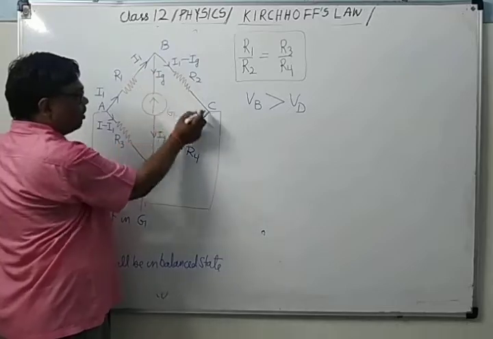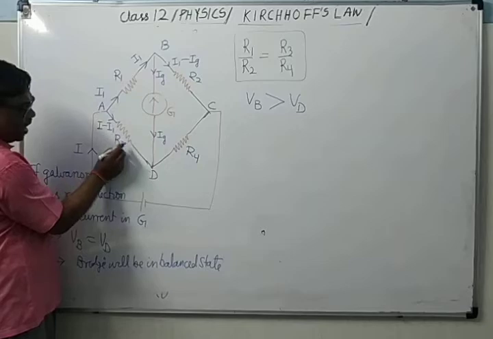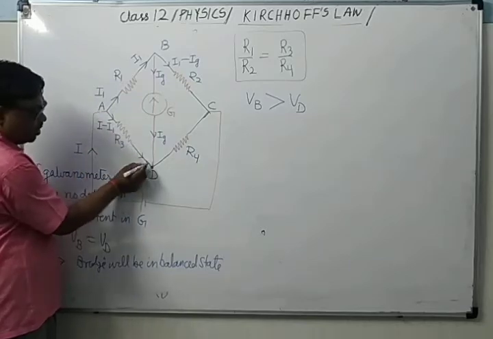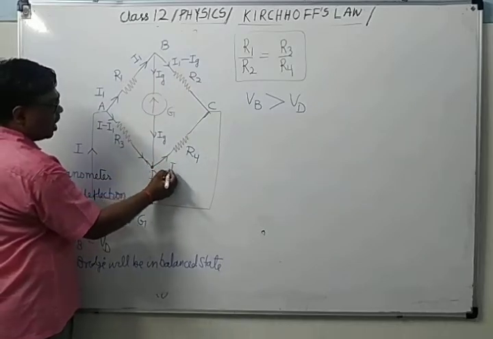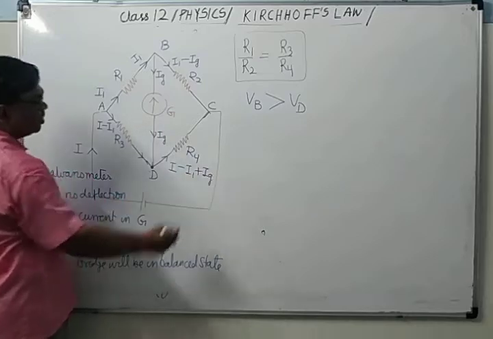Here the remaining I1 minus Ig will flow through this. Then here it is I minus I1 current. So at this point I minus I1 is coming from this side, and Ig from this side. So I minus I1 plus Ig will be this.